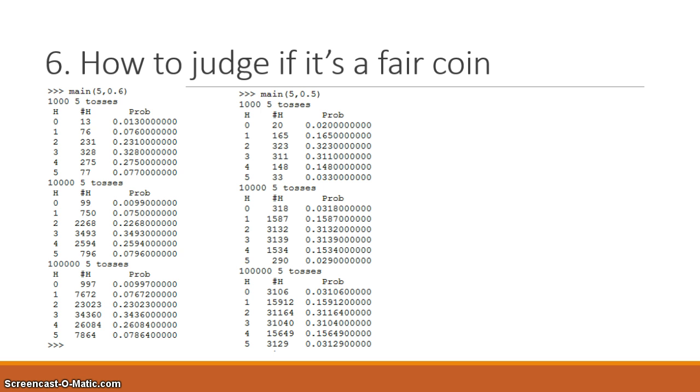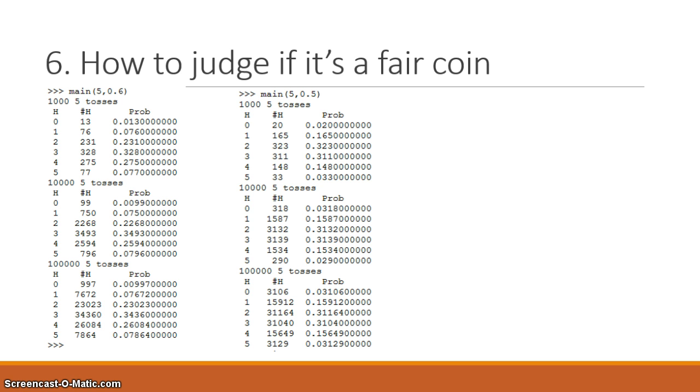Now we turn to the sample run with 0.5 pH. We can see the probability of 0 head and 5 head is approximate, and in the pairs of 1H and 4H, 2H and 3H it is the same.